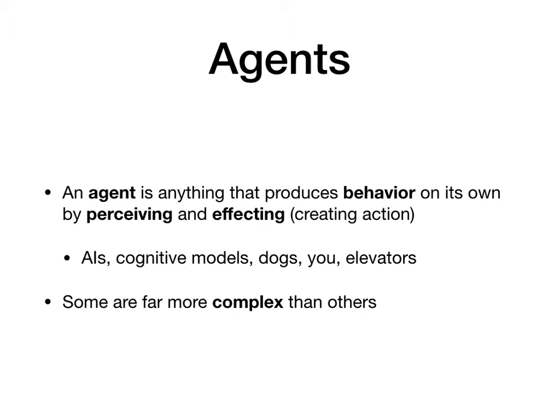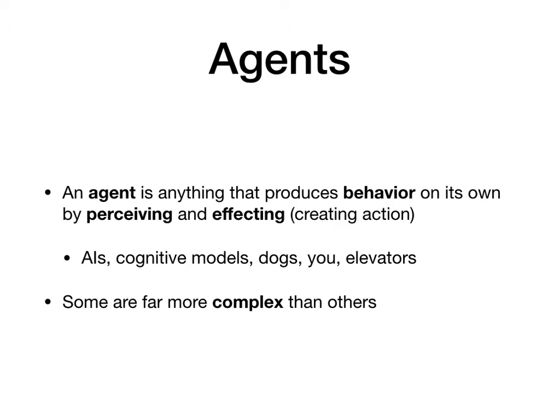So let's talk about agents. An agent is anything that produces behavior on its own by perceiving and affecting, i.e., creating action. This includes AI systems, like we've seen, certain cognitive modeling approaches where you create a system that's constrained to behave like a human cognitive system, or a dog, or you, or even elevators are agents.